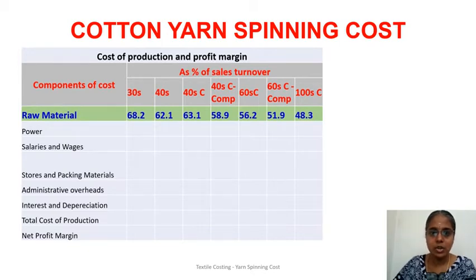This is 2020 data. The raw material costs are given for a few counts: 30s, 40s, 40s combed compact yarn, 60s combed compact, and 100s combed. We see that the raw material cost ranges from 50 to almost 70% of the total cost.